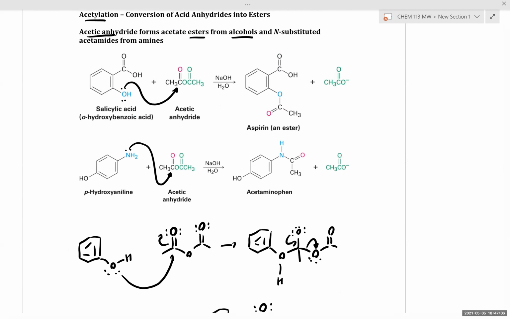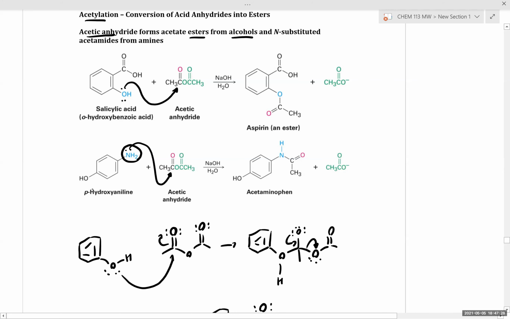So looking all the way in the previous, yes. So if we compare an alcohol and an amine, in the neutral form, which of these species has the more nucleophilic lone pair? The nitrogen? Yep.